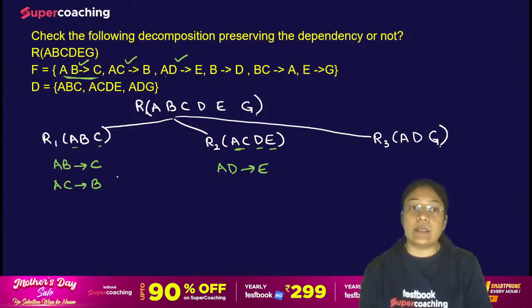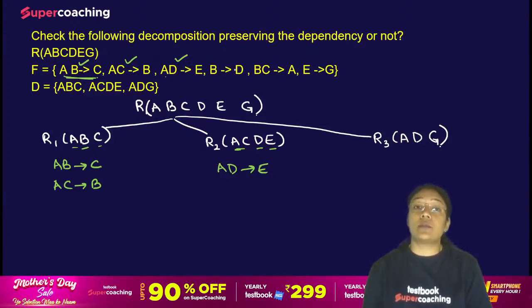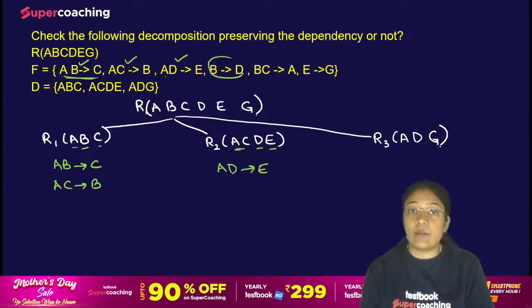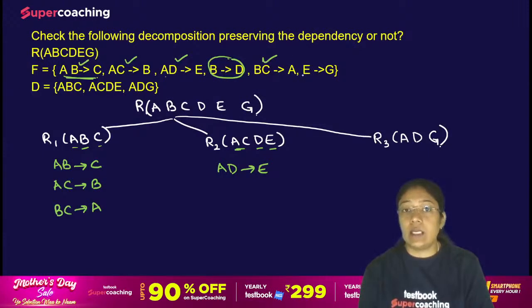B determines D. B is present here, D is present in R2 or R3. So we need to check it by following non-trivial functional dependencies. BC determines A. It is preserved in R1. E determines G. E is present here, G is present here. This has to be mapped indirectly, right?